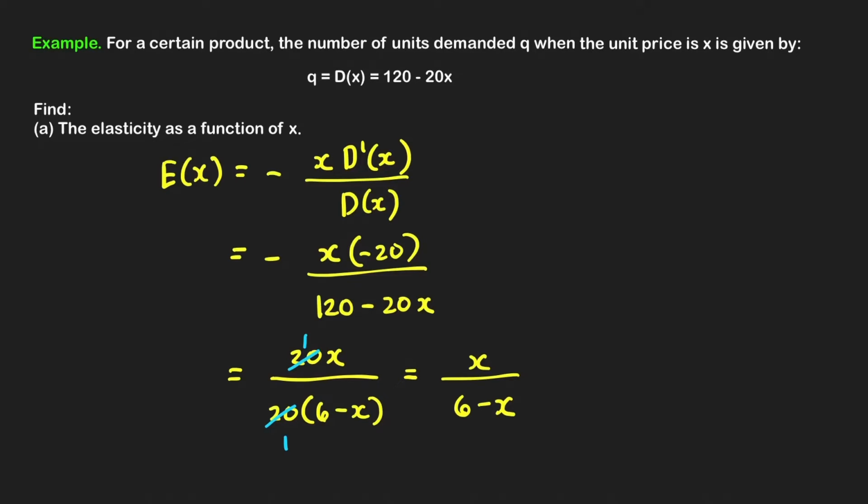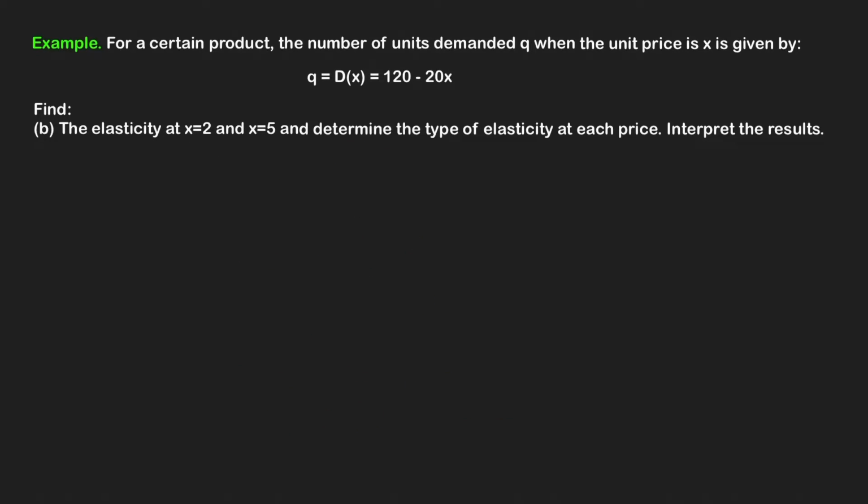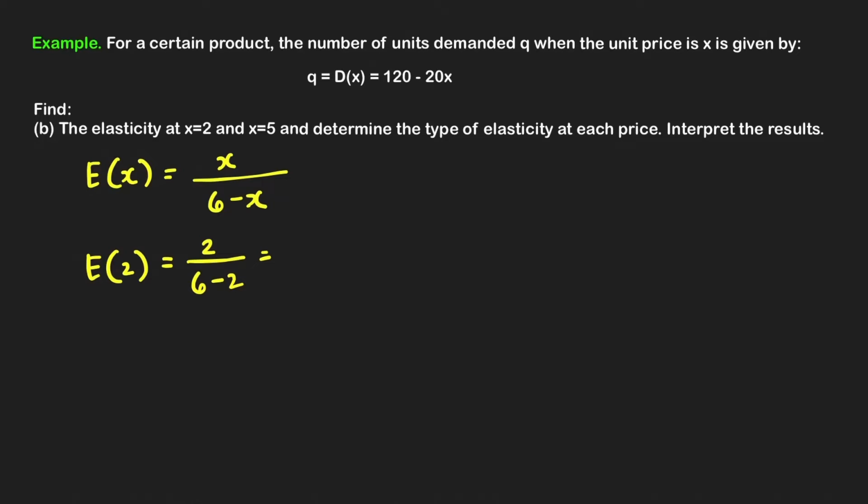Now let's move to problem B. Let's find the elasticity at X equals 2 and X equals 5. Again, E of X is equal to X over 6 minus X. So we get E of 2, at X equals 2, which is 2 over 6 minus 2, equal to 2 over 4, and that is equal to 1/2.